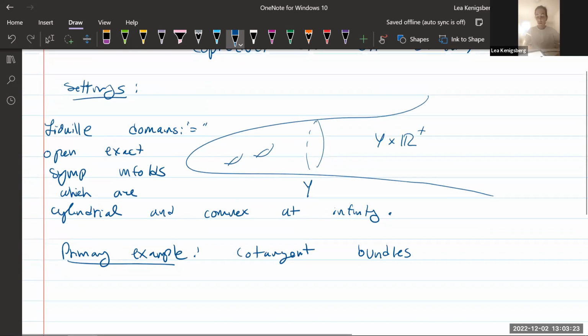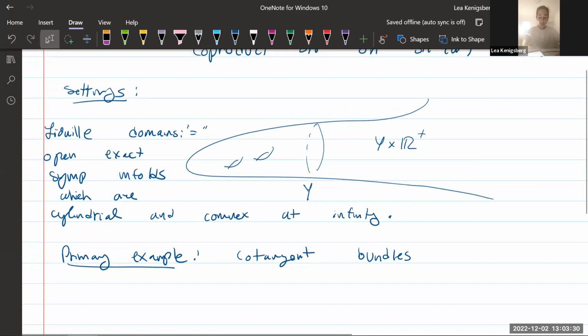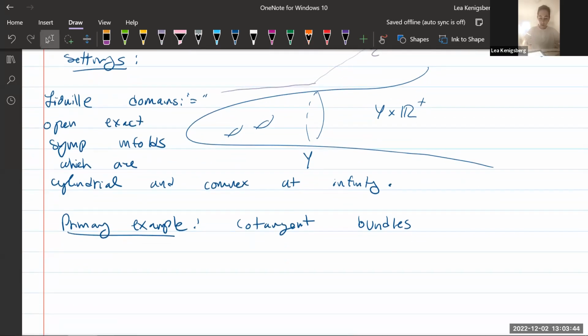So we want to try to study the Floer theory of such domains. And so we will consider linear Hamiltonians. They're going to be C2 small here in the interior, and then in the infinite end, they're going to have some slope tau. So the Hamiltonians we consider are linear at infinity.